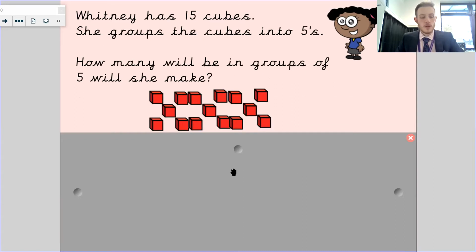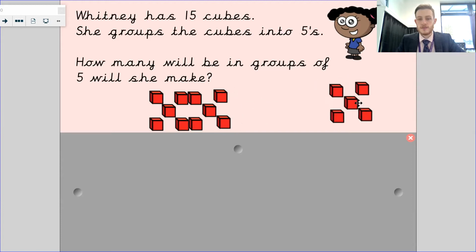Next one. Whitney has got 15 cubes, a big collection of 15 cubes there. She's going to group them into 5s now. So let me grab 1, 2, 3, 4, 5. Right, let me grab all that together then. There is 5. So let me then group that as one whole group. Oops. One whole group. Here we go.